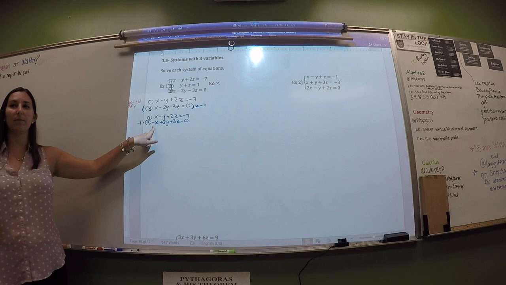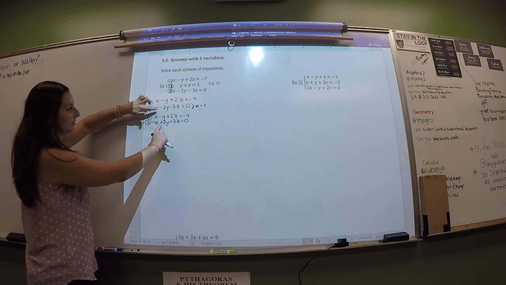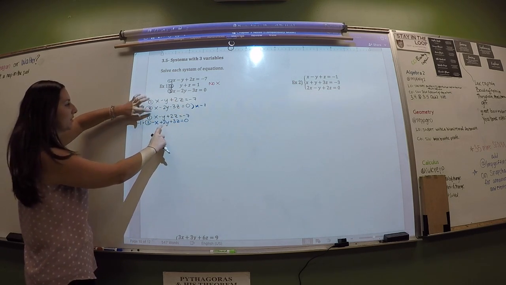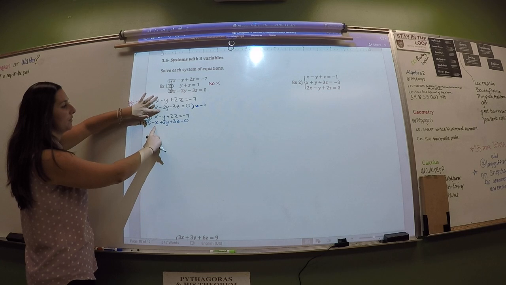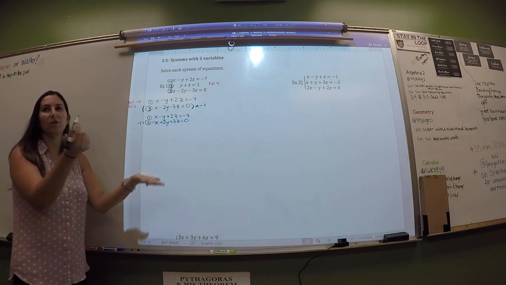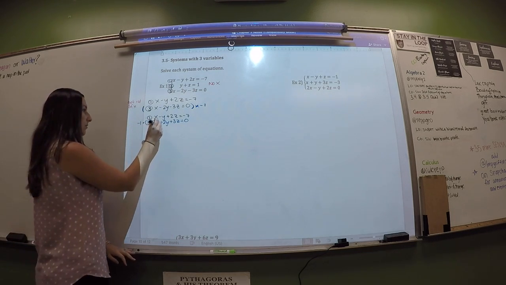All I did was multiply through by a -1. So each one of these numbers is -1 multiplied by it. So this was an x, it's now a -x. This was a -2, it's now a +2, -3, +3, and then 0 doesn't change because 0. And that would just equal y plus 5z equals -7.